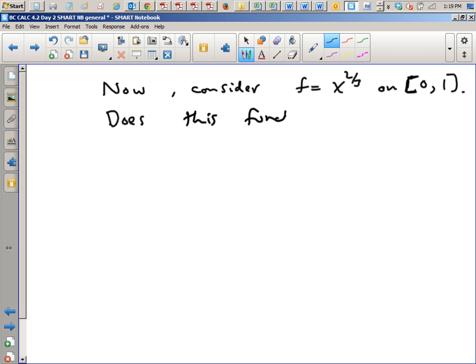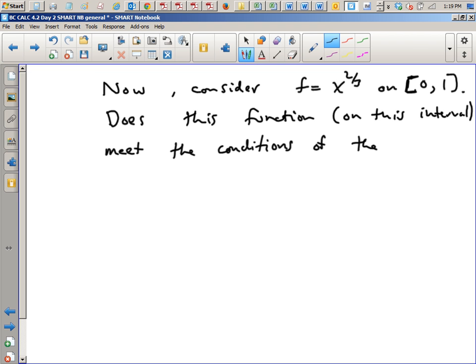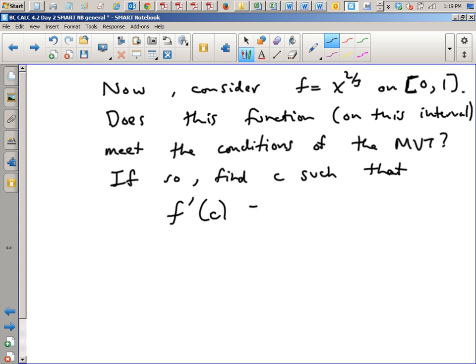Does this function on this interval meet the conditions of the MVT? If so, find c such that f prime of c is equal to f of b minus f of a over b minus a.